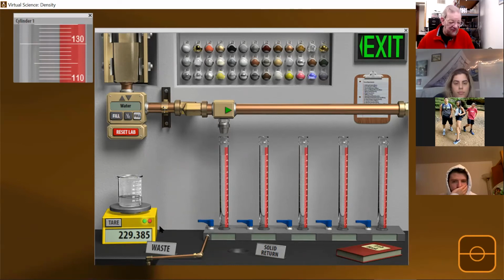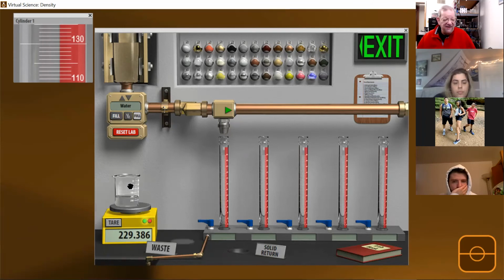It will bounce around, 0.385, and just pick one of them. Use all the numbers. Notice this is 6 significant figures. Your graduated cylinder is 3. If you divide one by the other, what do you think the density should be? 3 significant figures for this one.